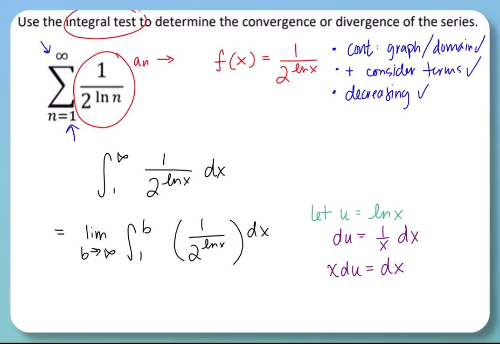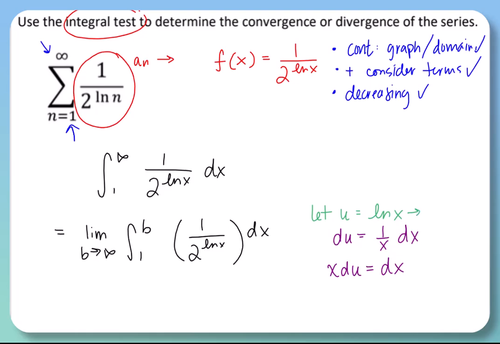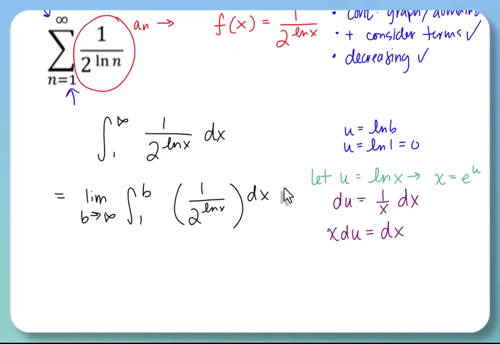Now, I'm going to end up with an x in my problem here, but what is x equal to in terms of u? x equals e to the u. So the last thing I'll do before I move on is change my bounds. u equals natural log of b, that will stay as it is, and u equals natural log of 1, which simplifies to 0. So doing this u substitution, now what I have is the limit as b goes to infinity.